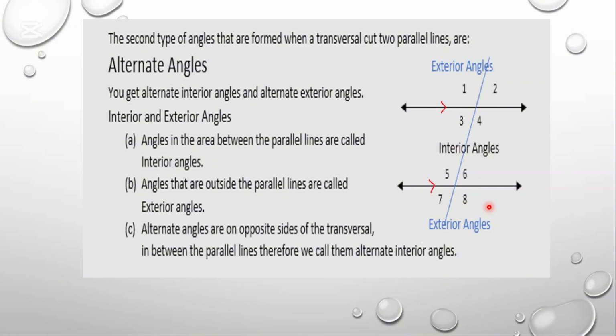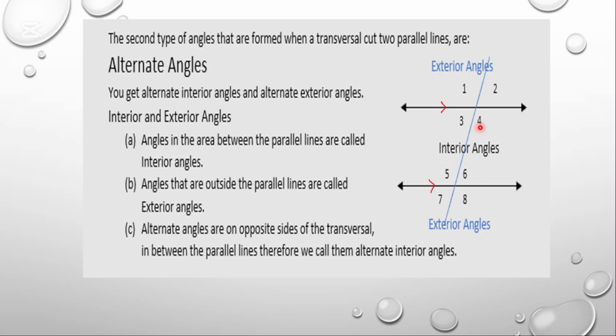So we get alternate angles on both sides of the transversal, and both of them must be interior, right? This side and that side, on opposite sides of the transversal. We know it can't be 3 and 4 because they are supplementary adjacent angles.